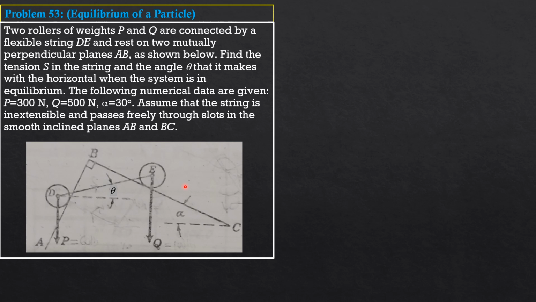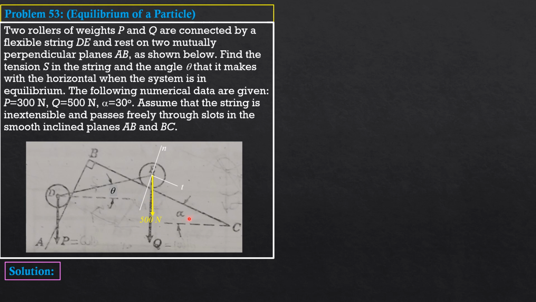approach first. So for roller E, we have the weight, which is 500 newtons because Q is 500. Then we have the tension in the string DE, and let's have the tangential and normal axes.